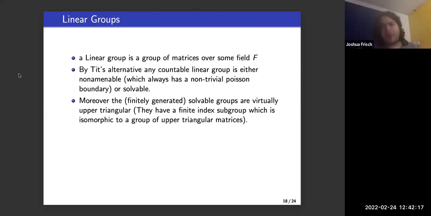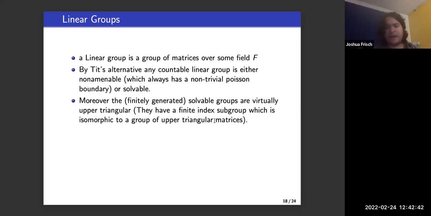And actually, it's even better than that. If you're finitely generated solvable, you have a finite index subgroup which is, honest to goodness, upper triangular.